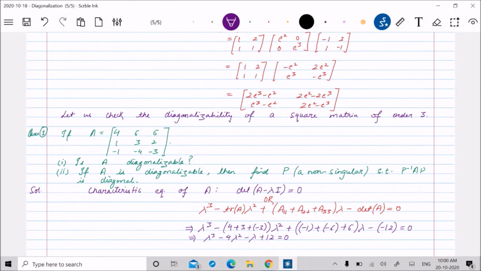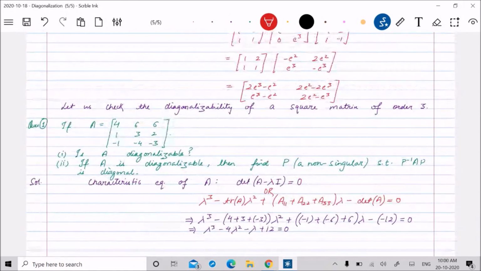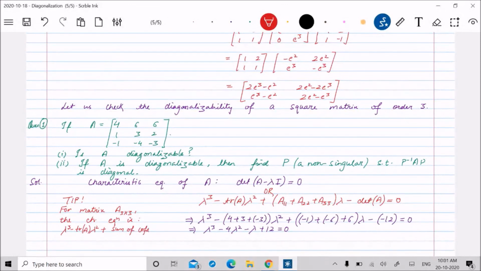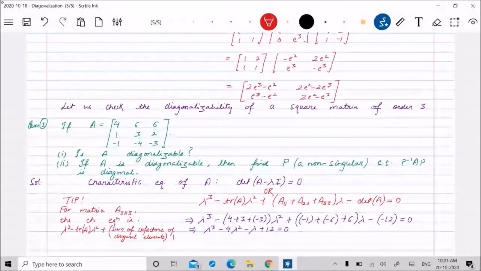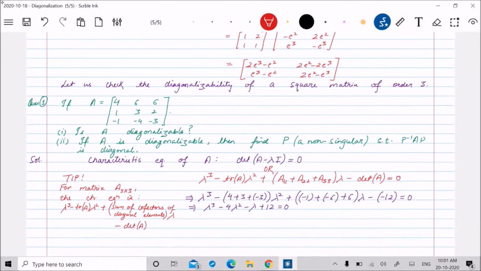This is my characteristic equation, and the shortcut I use is this formula. This is a tip for you all: for a matrix A of order 3 cross 3, the characteristic equation is given by a shortcut formula, and that shortcut formula is this one: lambda cube minus trace of A into lambda square plus sum of cofactors of diagonal elements multiplied with lambda minus determinant of A equal to 0.